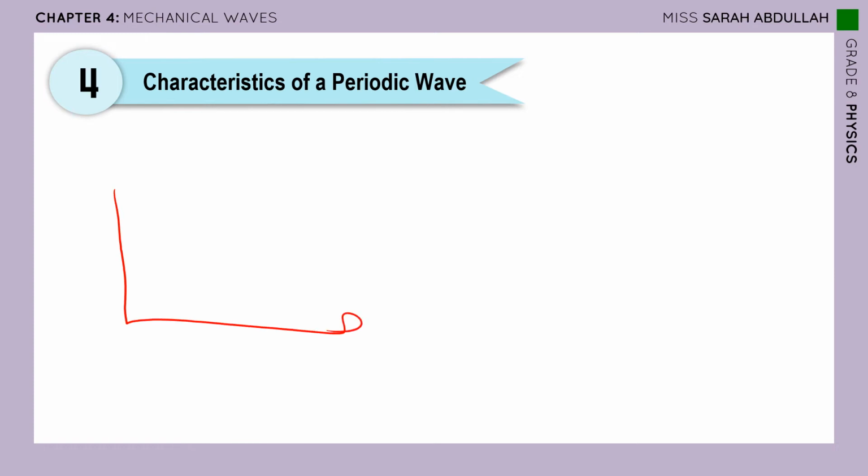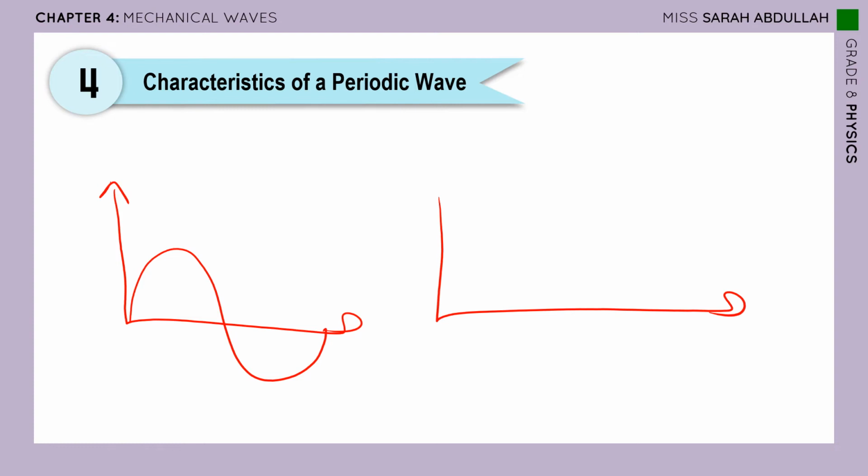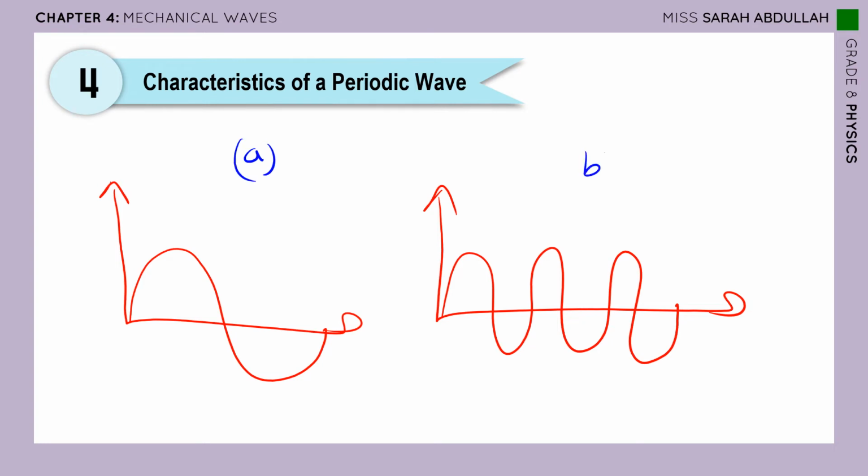So how can I tell which wave has the bigger frequency? Let's look at these two waves. This is A and this is B. Which one has the bigger frequency? B has the bigger frequency. Why is that?